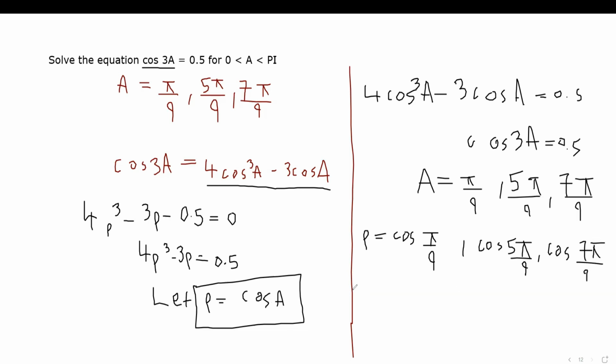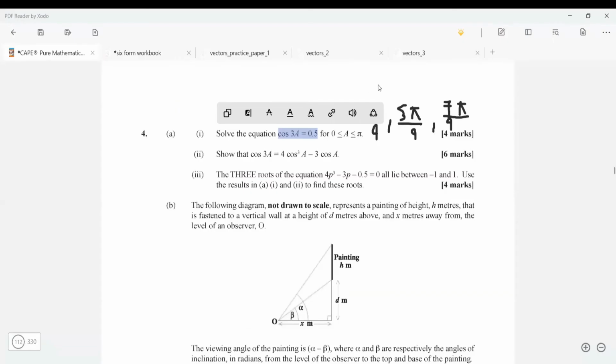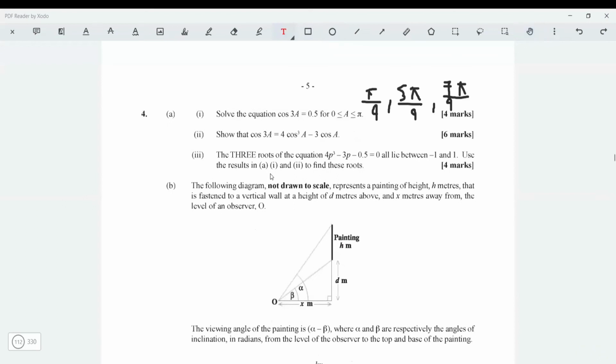Yes, sir. So you just put this in a calculator. This is easy; all we need to do is write them down. So p equals the cos of pi by 9. I'm just going to put it in decimal.